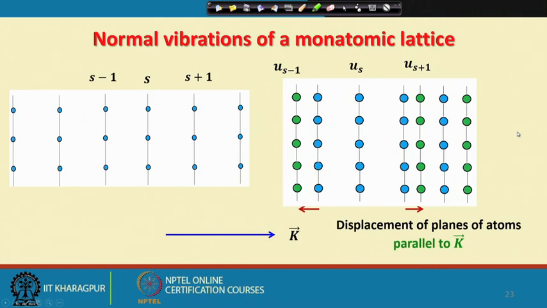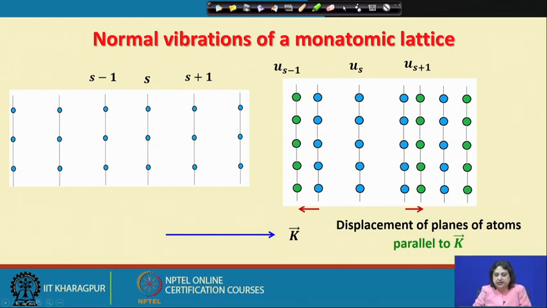So, this is the representation. If this is the equilibrium distribution in the plane of our choice in the direction of propagation of the wave vector k, I see that u_(s-1) has moved here, u_s has stayed here, but u_(s+1) has moved here. So, I am looking at displacement of these planes of atoms parallel to the direction of k, either in the plus k direction or minus k direction.